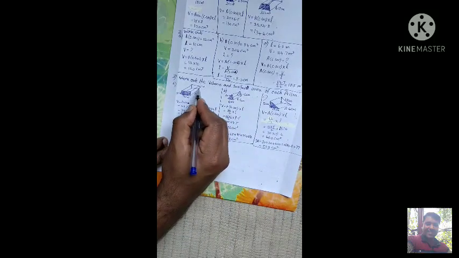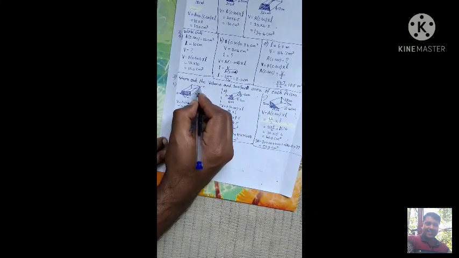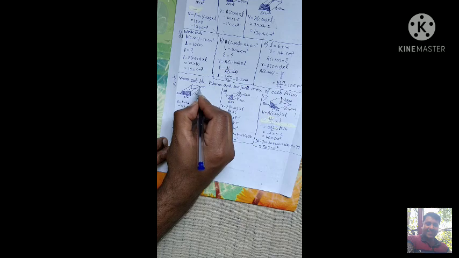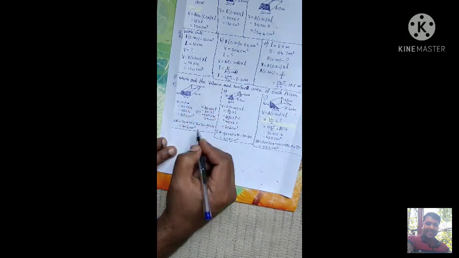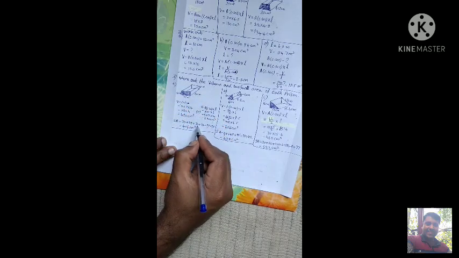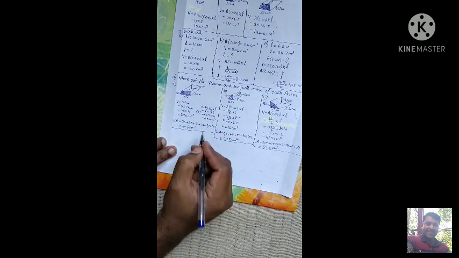So 14 times 5 equals 70, the length into width of this rectangle. If the right side is 70, the left side is also 70.